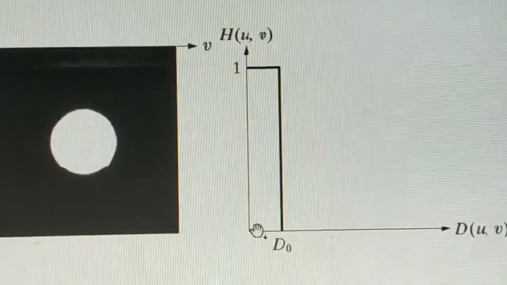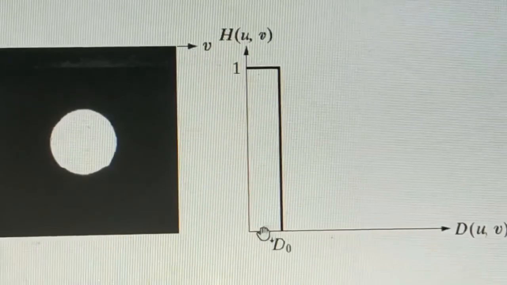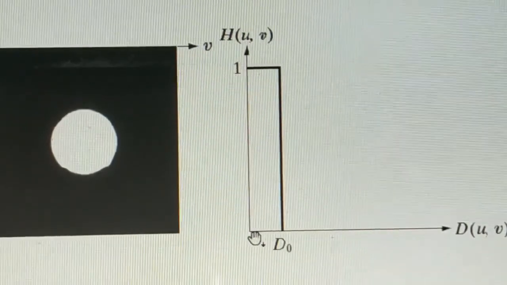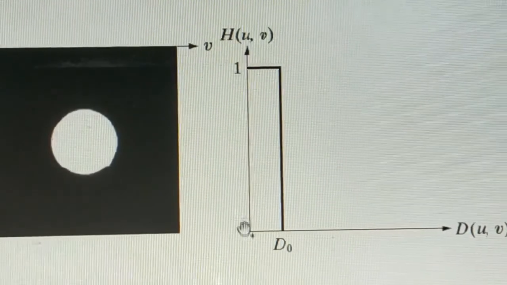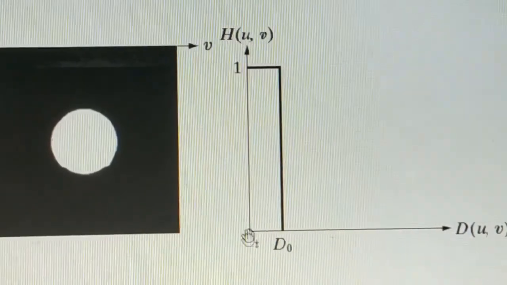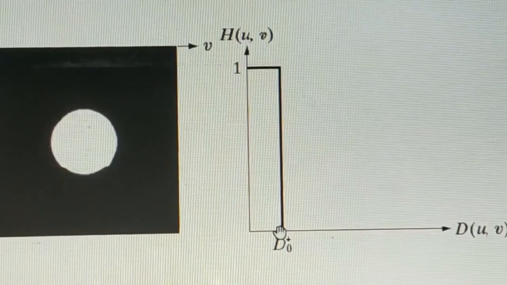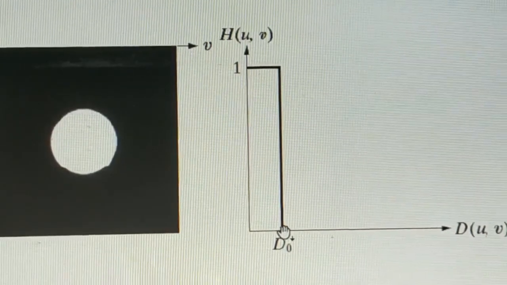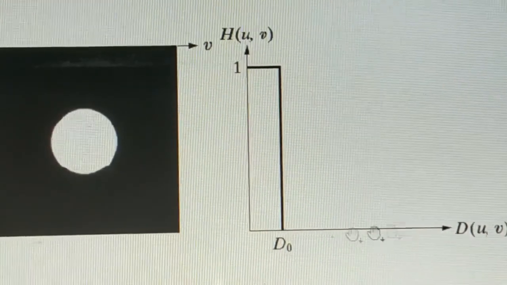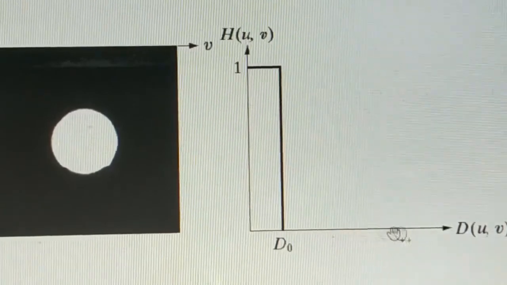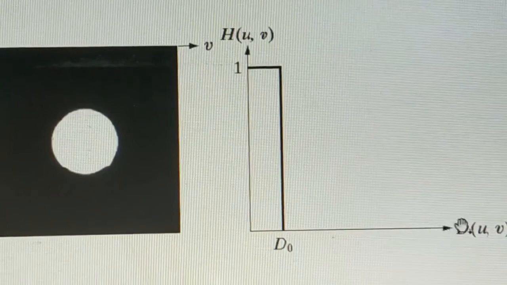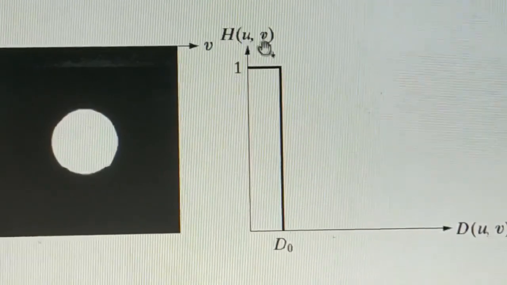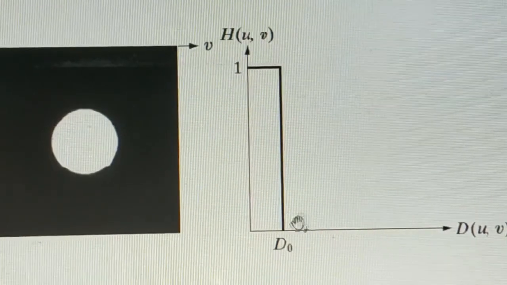The same thing is represented in the cross sectional representation: H(u,v) is 1 from this reference point up to the frequency d0, and for any frequency greater than d0, H(u,v) is 0.